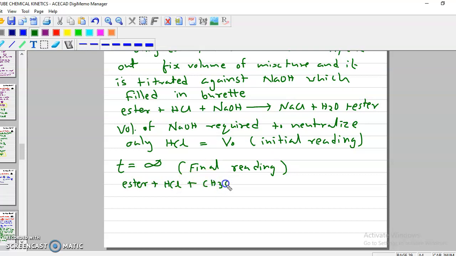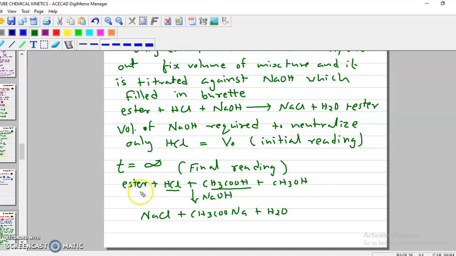Then acetic acid, because it is a product, and methanol. Now this mixture is titrated against NaOH using phenolphthalein. Obviously, NaOH reacts with only acid, that is HCl and CH3COOH. So the products are NaCl plus CH3COONa, sodium acetate, plus H2O, while ester and methanol remain unaffected.